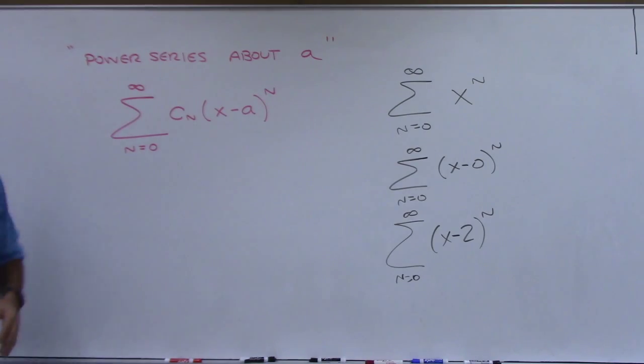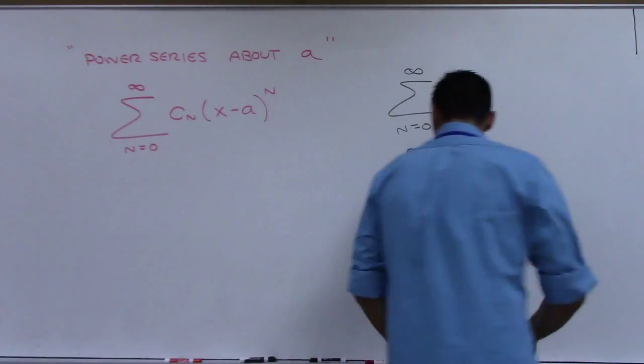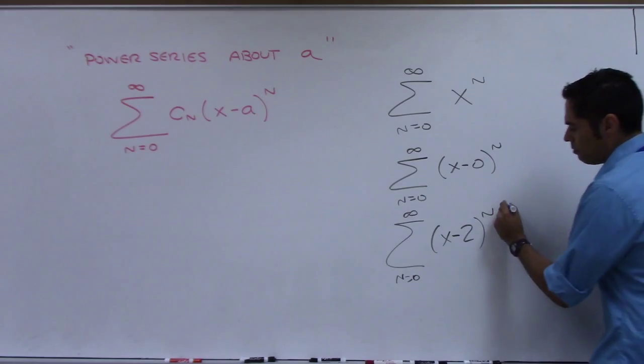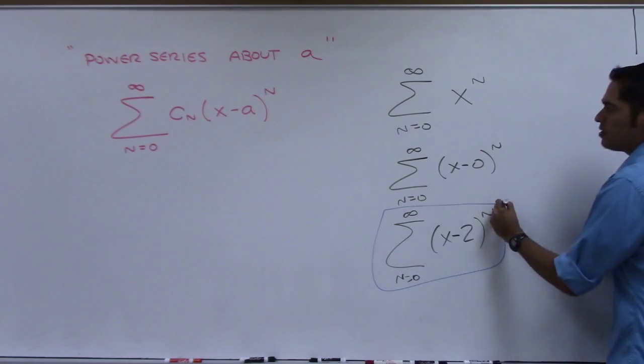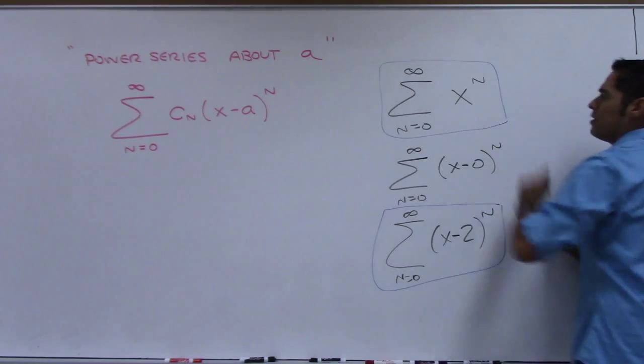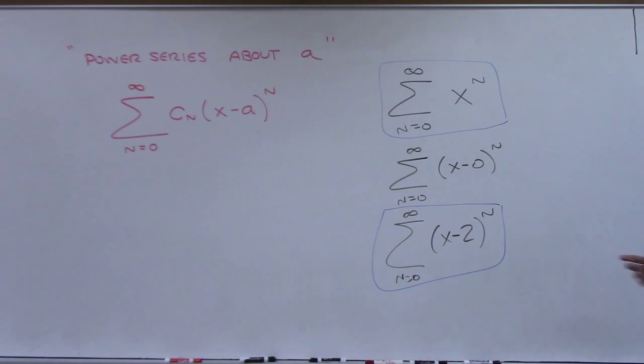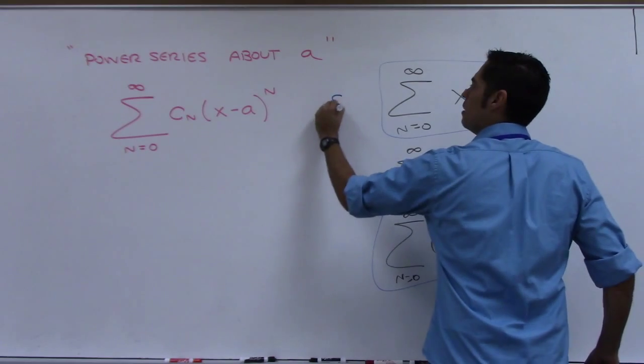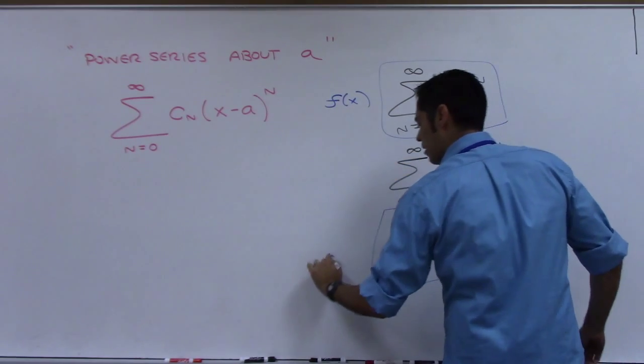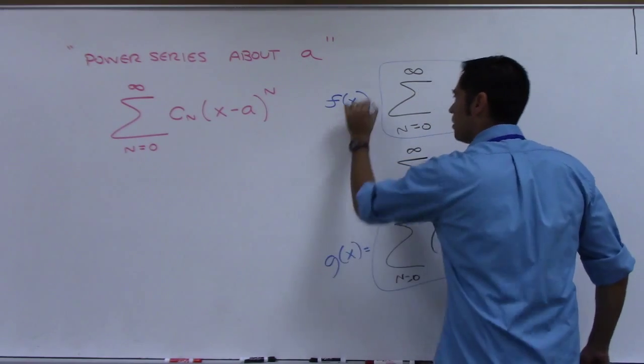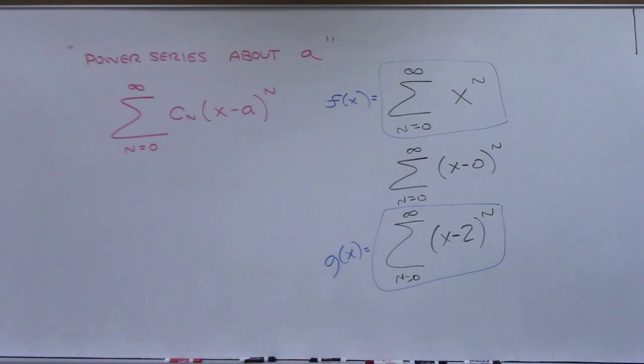Understand? Let's look at this one right here. I want to compare this one to this one. What's the difference between those two? I mean, don't tell me that one has a -2. If I call that f of x and I call this g of x, what's the main difference between the two? It shifts the domain, right? The domain is different.